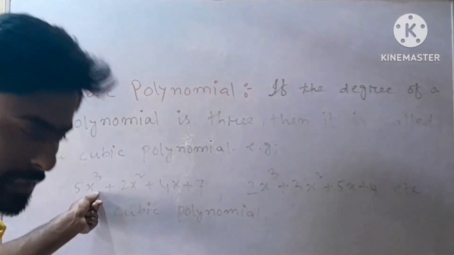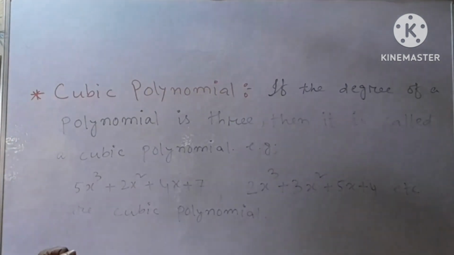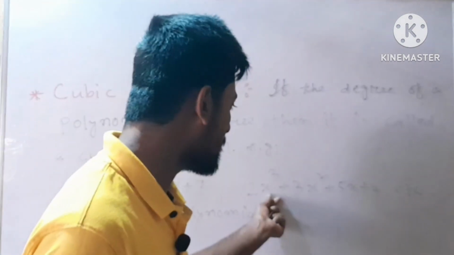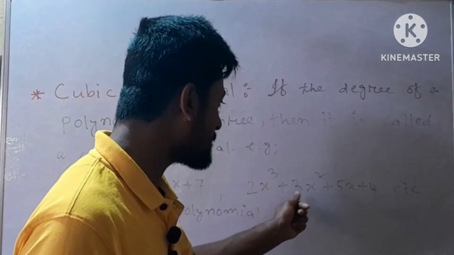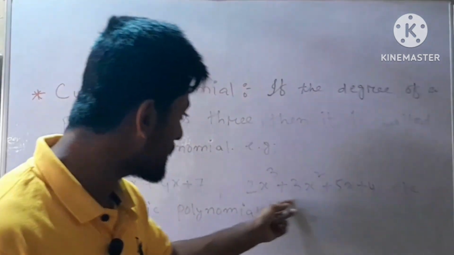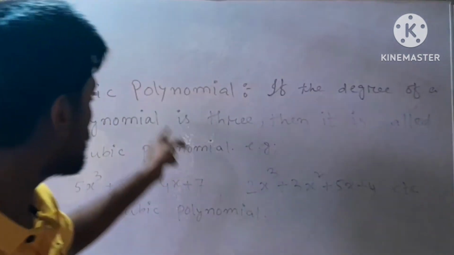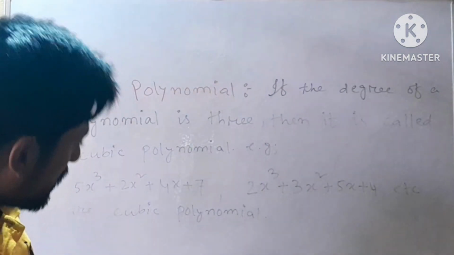Therefore the degree is 3, so this polynomial is specially called a cubic polynomial. Another example is here: 2x cube plus 3x square plus 5x plus 4. Since the degree is 3, this polynomial is also called a cubic polynomial.